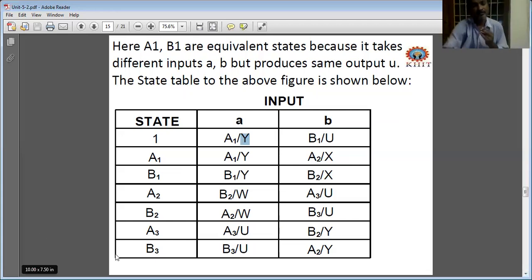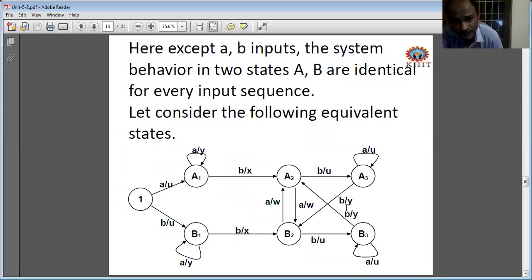So like that we can write the different inputs. Again I am repeating. First one, 1 to A1 is U, but here it is wrongly typed. Then 1 to B1 is U. A1 to A1 is Y. A1 to A2 is X. B1 to B1 is Y. Then B1 to B2 is X. A2 to B2 is W. A2 to A3 is U. B2 to A2 is W. B2 to B3 is U. A3 to A3 is U. A3 to B2 is Y. B3 to B3 is U, and B3 to A2 is Y. So from this figure it is obtained.